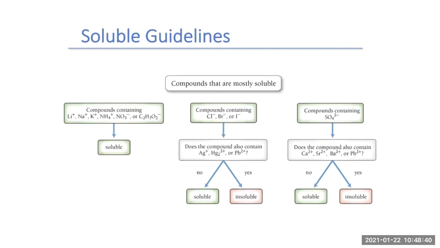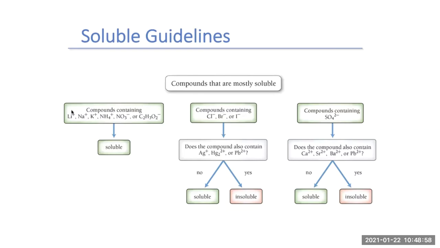The next question is, how do we know what's soluble or insoluble? For that, we want to look at the solubility guidelines. With this chart here, we look at the soluble guidelines first.